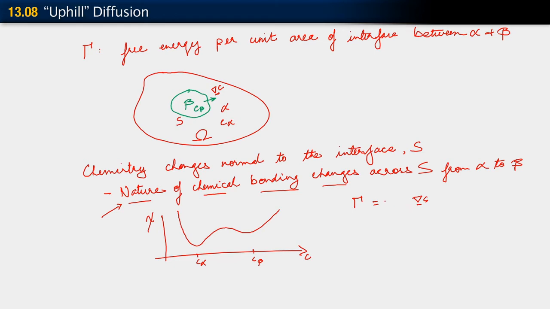So the way this is done is to simply write out a quadratic function of the gradient of concentration in that fashion, where K is a positive definite tensor.